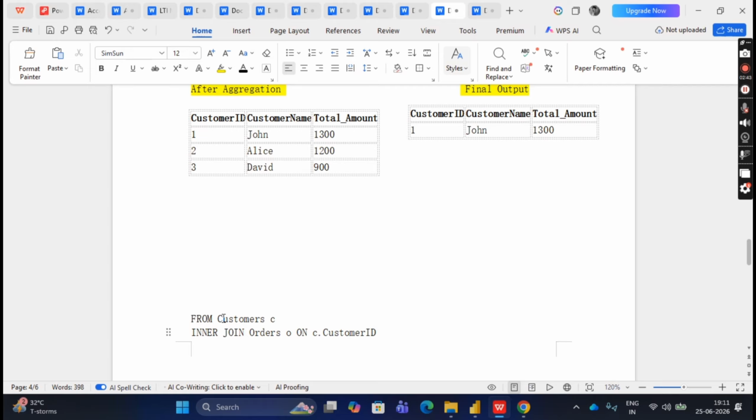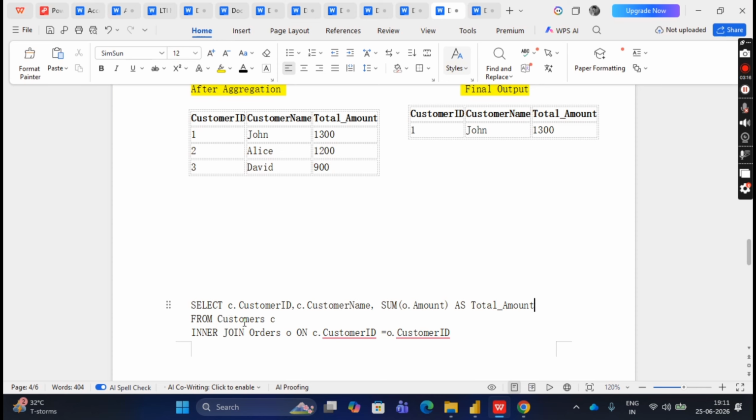Then we will select C.customer_id, C.customer_name, sum of O.amount as total_amount. C.customer_id refers to the customer ID column from the customer table, and C.customer_name refers to the customer name from the customer table.